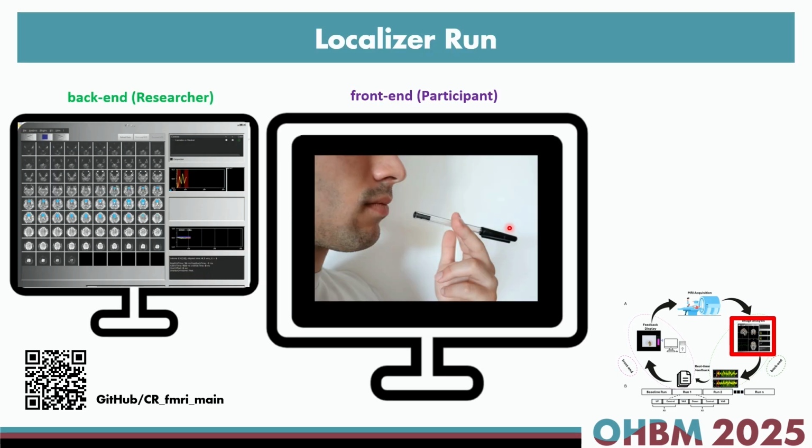of this setup. So you remember that we had a back-end and a front-end. Back-end is what you see, as Chao mentioned, in the MRI control room. And front-end is what participants see, but even in the background of this front-end, there's a script that is running in real time.